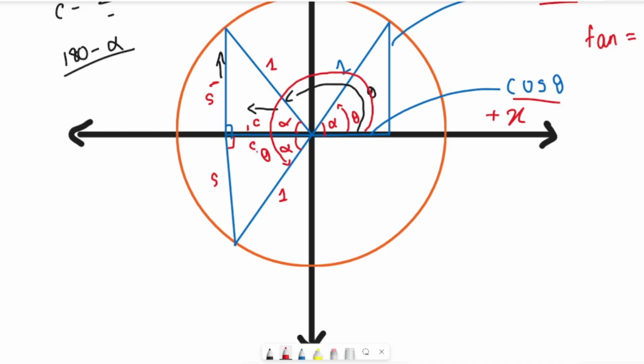So now notice here that sine is pointing in the negative y direction, and cosine is still pointing in the negative x direction. So if sine is negative and cosine is negative, then tan is negative over negative, which we know is positive, because the negative signs cancel out. So that means that in this quadrant, tan is positive, which is why we say the third quadrant is T, which means tan is positive.